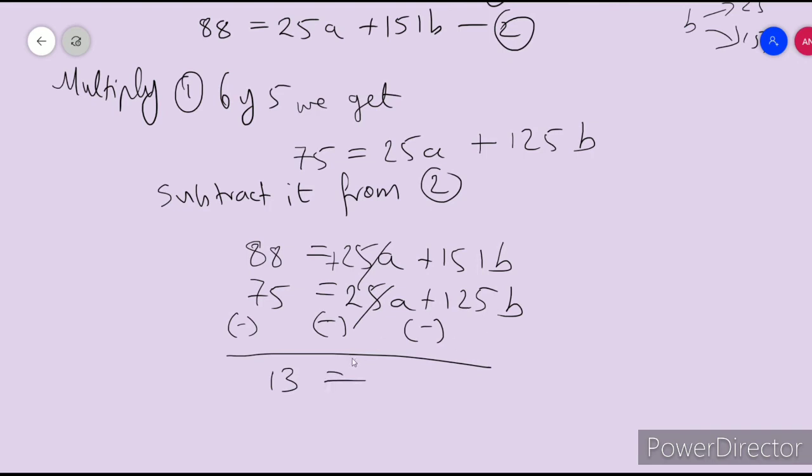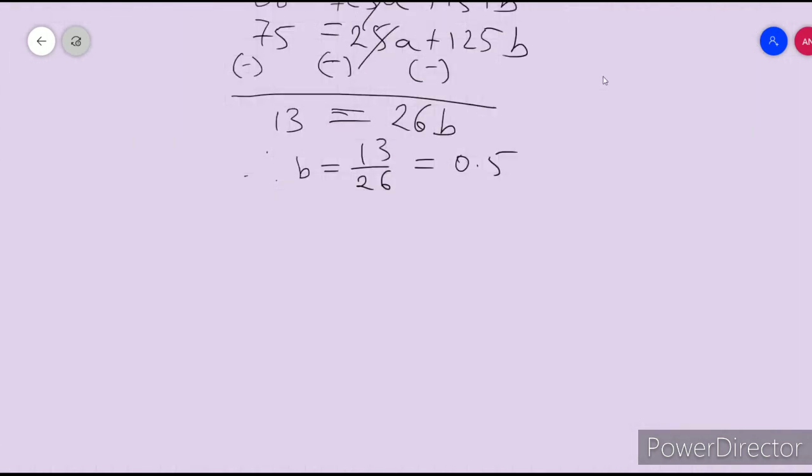And here, since 151 is greater than 125, the difference is 26, and we get the sign of the bigger number. So straight away we can see that b is nothing but 13 divided by 26, and if we check, we get 0.5. Since we've solved for b, we can simply put the value of b in either equation 1 or 2 to find the value of a.